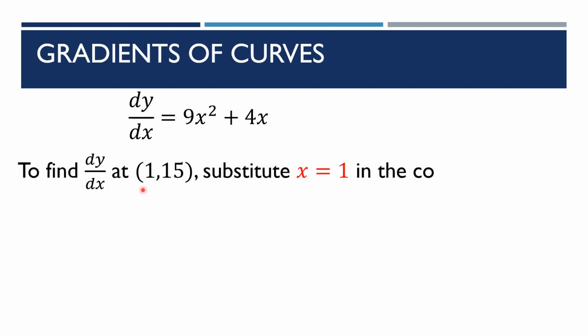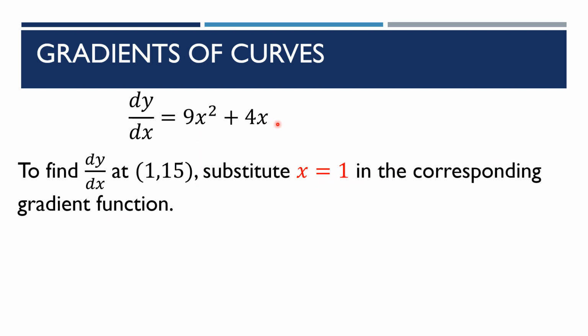Now that you already have your gradient function as described by this expression, to find dy/dx at the point (1, 15), we go ahead and substitute x equals 1 in the corresponding gradient function. So we will replace x with 1 as shown here.